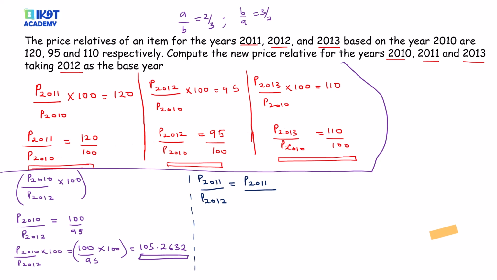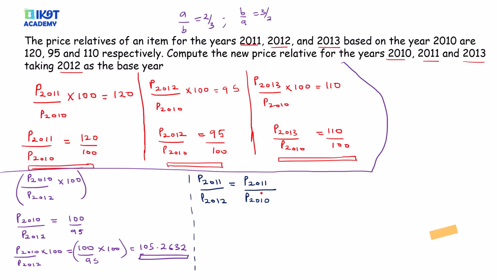So we have to now introduce a new variable that we don't have here. And now for this case I see we are going to introduce 2010. So we're going to say out of P 2010.